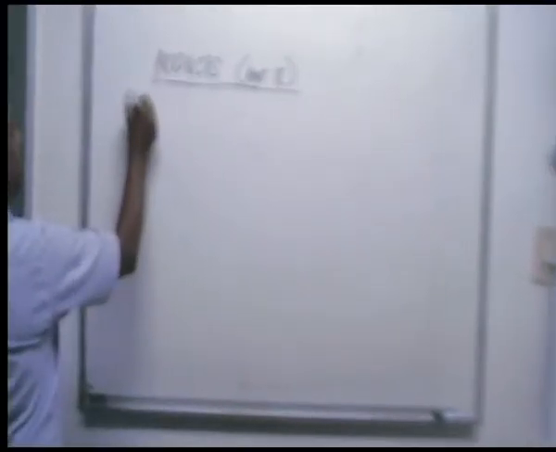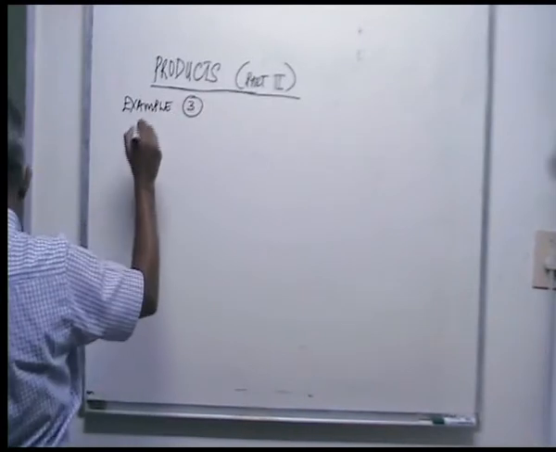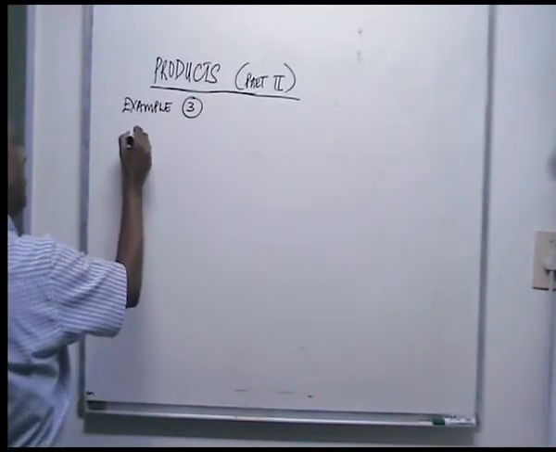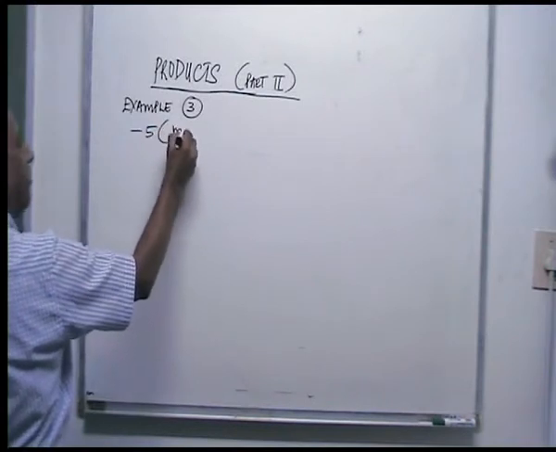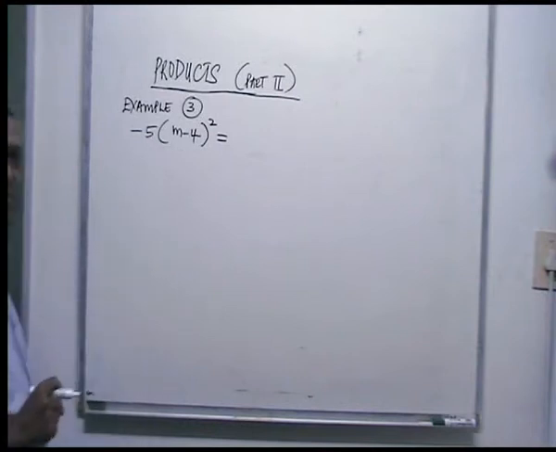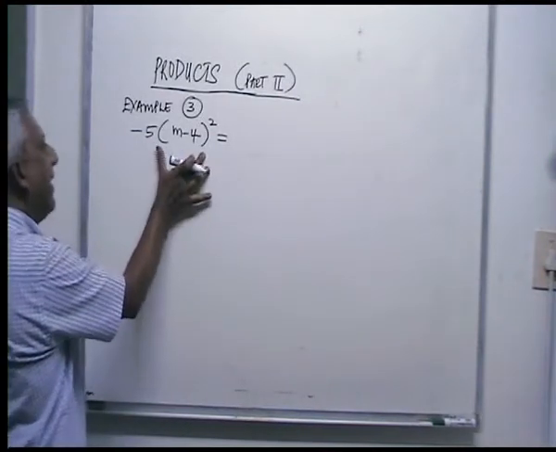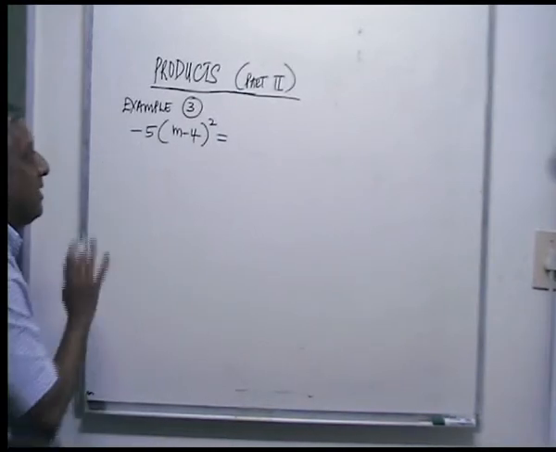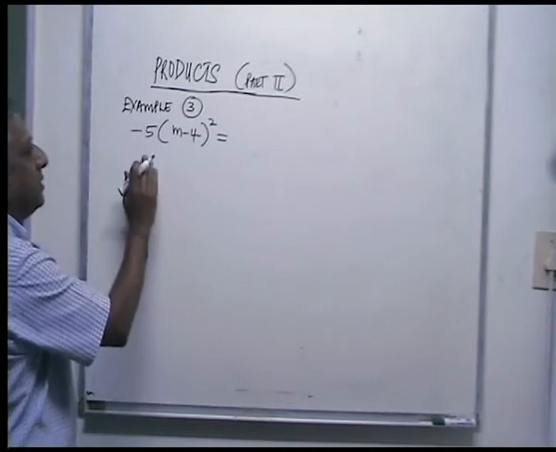Let's look at example 3. In example 3 we're saying minus 5 into m minus 4 all squared. So we've gone one step further now on binomial squared. You see, we've got a binomial squared here and we're multiplying it by minus 5. So let's understand this first. What is this saying?